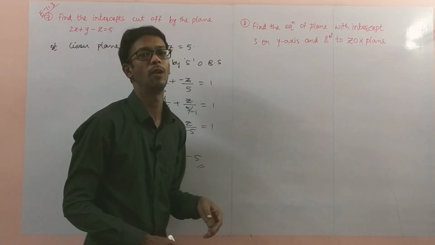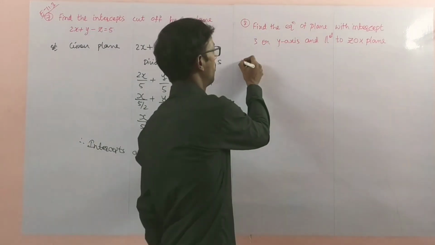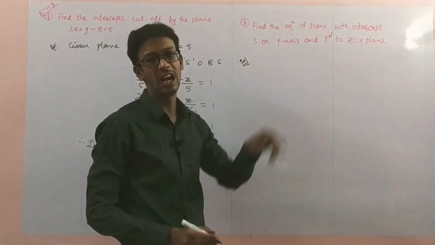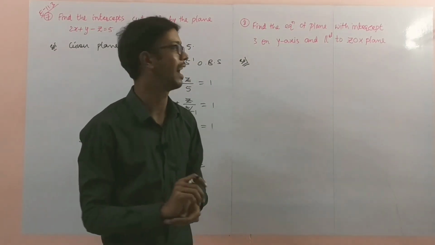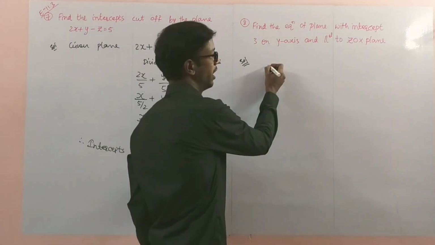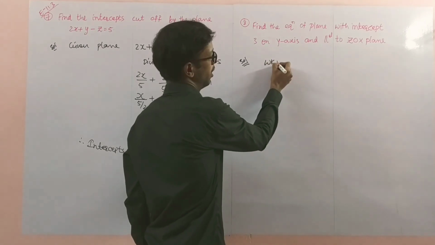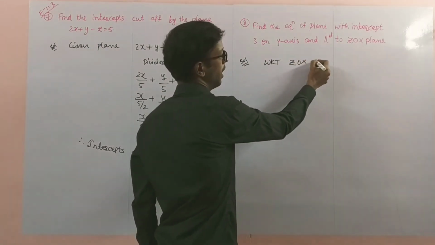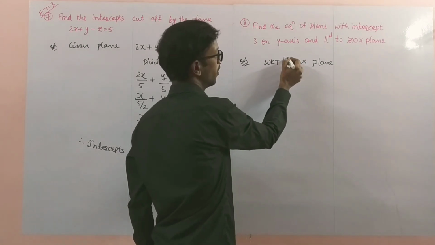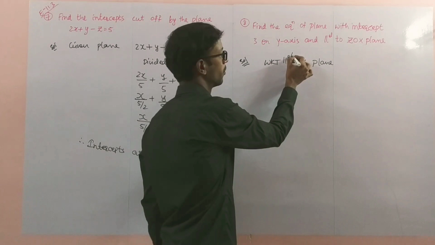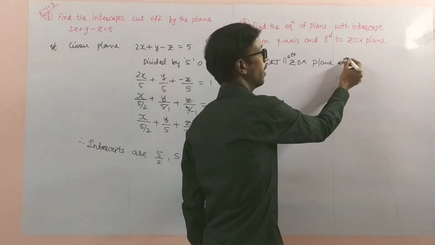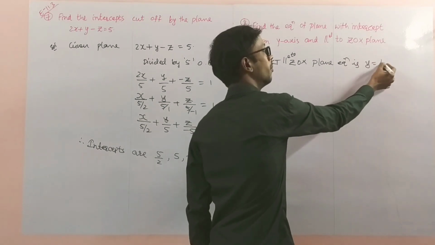So next, problem number 8, find the equation of the plane with intercept 3 on the y axis and parallel to the ZOX plane. Directly I am writing, we know that the plane parallel to the ZOX plane has equation y equal to b.